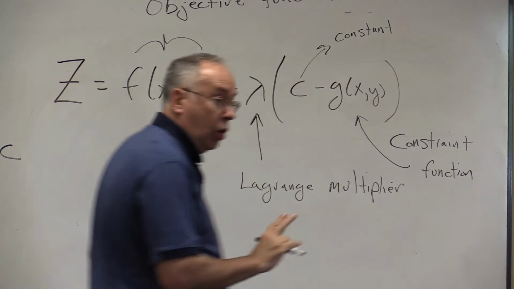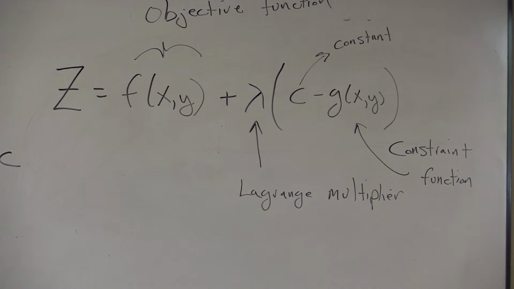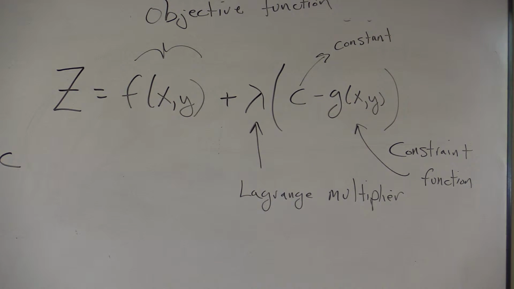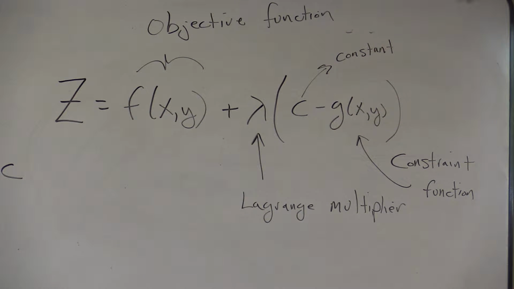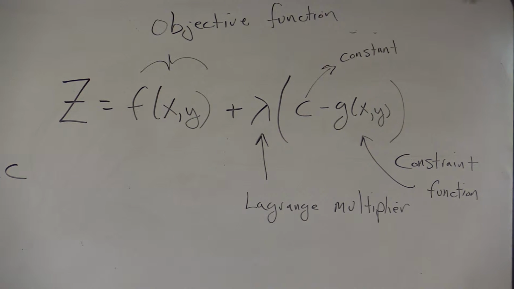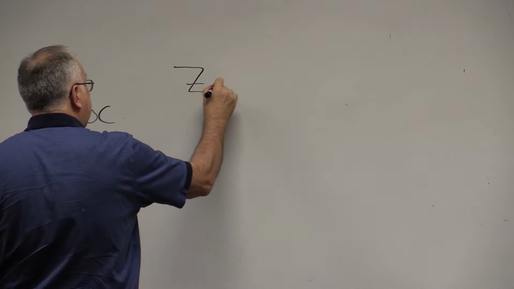All right, so what are the first order conditions that you must satisfy in order to maximize your objective function? d dx, d dy, d lambda. Okay, let me write it this way. Z sub x.